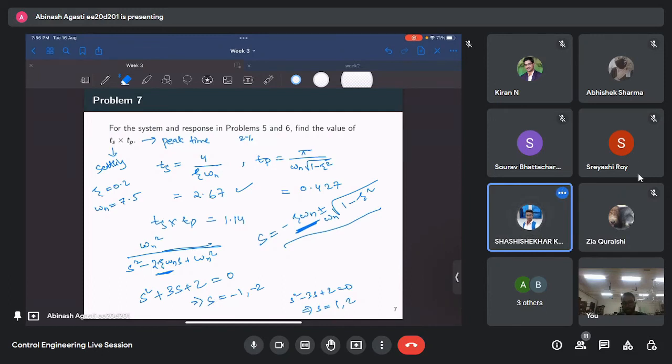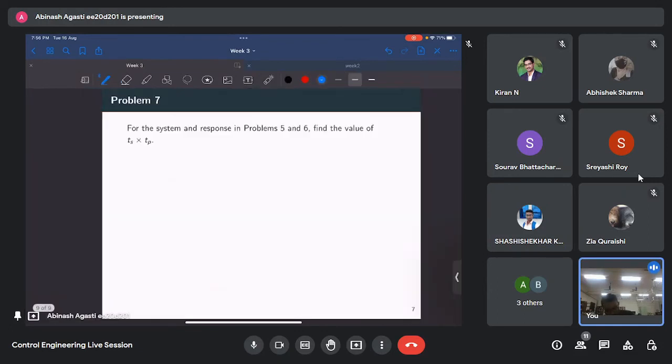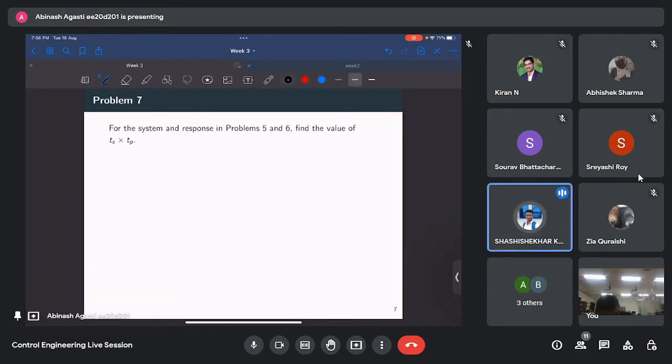This is the question, sir. Okay. Can you repeat the question just once? From the point of view of stability and response speed of a closed loop system, the appropriate range for the value of damping ratio lies between.